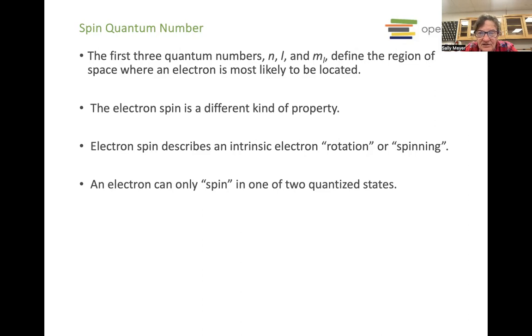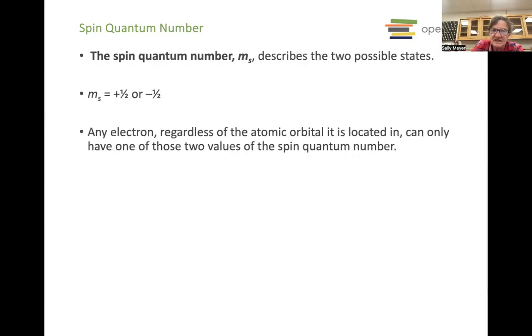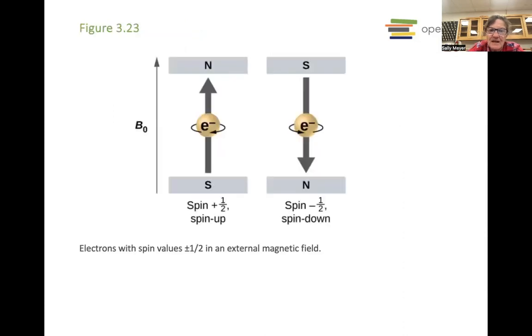An electron can only spin in one of 2 quantized states. So the spin quantum number m sub s can either be plus 1/2 or minus 1/2. And an electron, regardless of the atomic orbital it's located in, can only have one of these 2 values for the spin quantum number. So this is just showing you what that means.